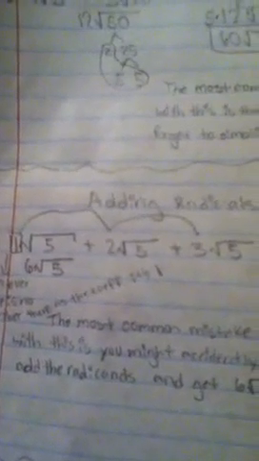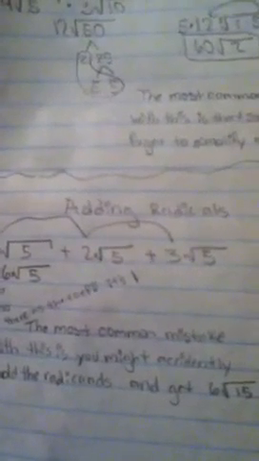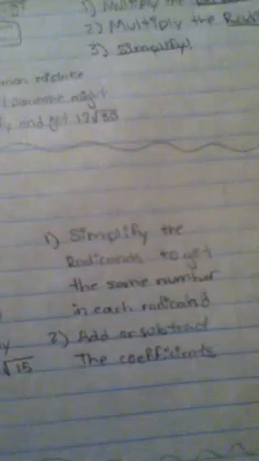Next is adding radicals, and the problem that we have right now is the square root of 5 plus 2 square root of 5 plus 3 square root of 5. And the steps are: simplify the radicands to get the same number in each radical.